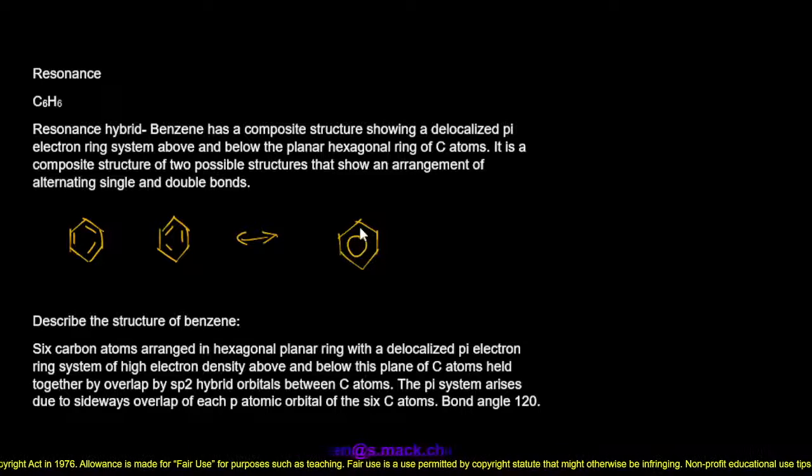And this delocalized pi electron ring system exists above and below our hexagonal ring of carbon atoms, and it is meant to be a composite structure which shows an arrangement which represents this arrangement of alternating single and double bonds as a quote-unquote composite structure. And this is what a resonance hybrid is.